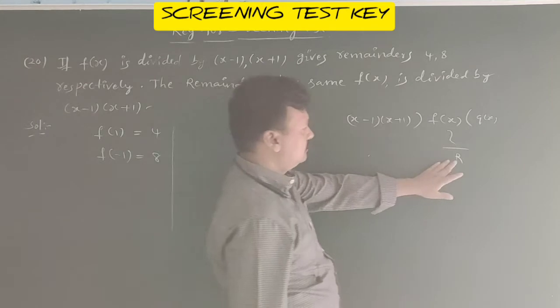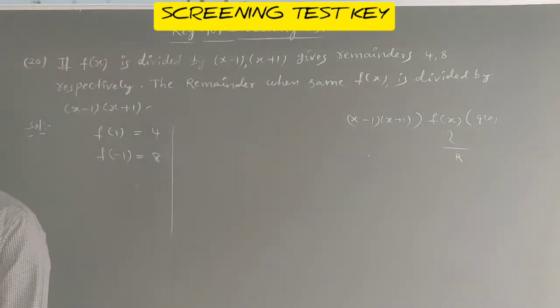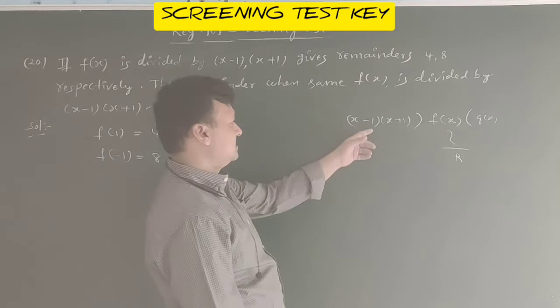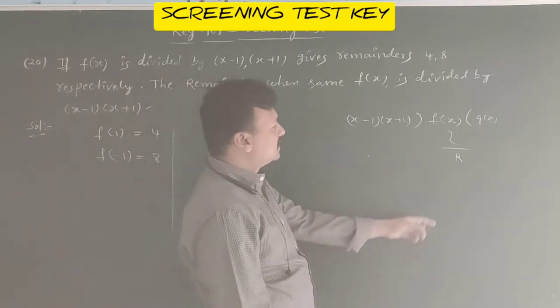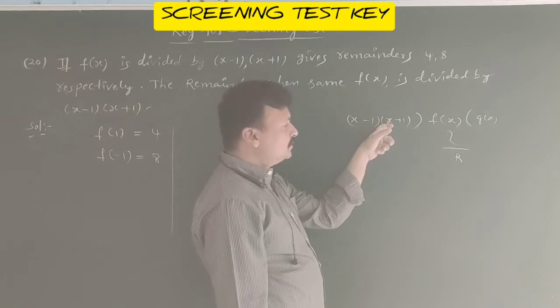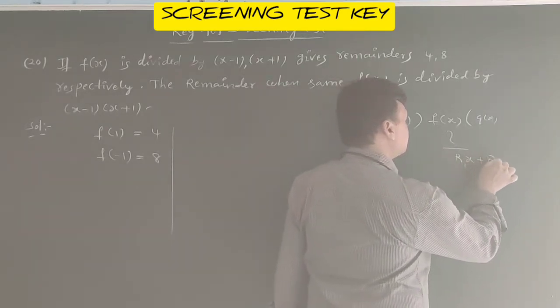Now the remainder, when our division process ends, the degree of the remainder is less than the degree of the divisor. What are the possibilities of the remainder here? Here the degree of divisor is 2. That's why the possible remainder is R1x plus R2.